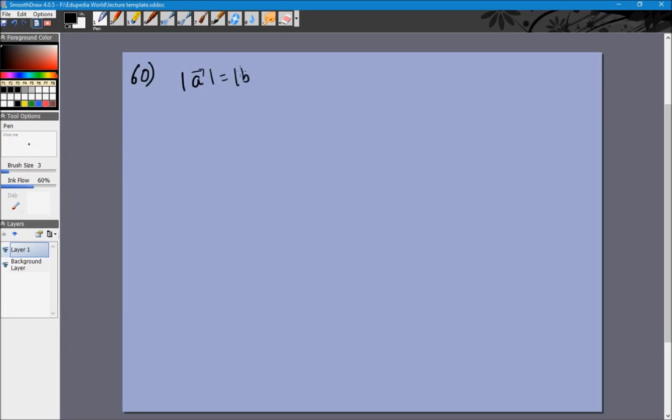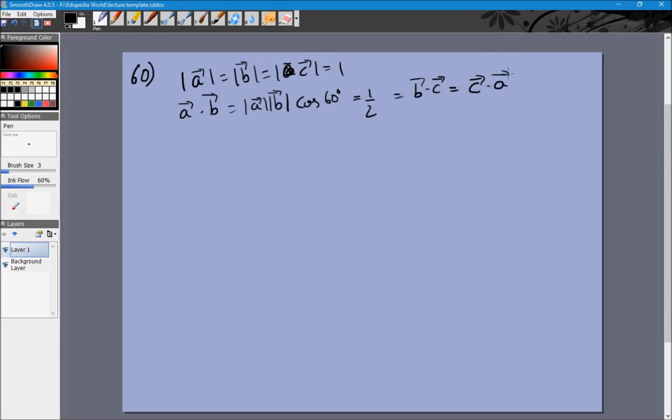Mod A is equal to mod B is equal to mod C is equal to 1, and A dot B is equal to mod A mod B cos of 60 degrees. In that question, all of them had a mod root 2, which is equal to 1 by 2. So A dot B is 1 by 2, B dot C is 1 by 2, and C dot A is 1 by 2.